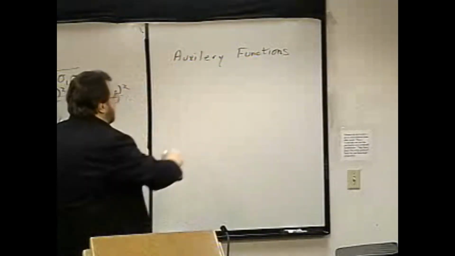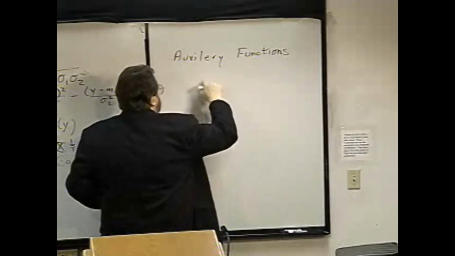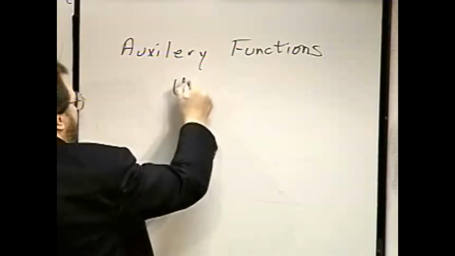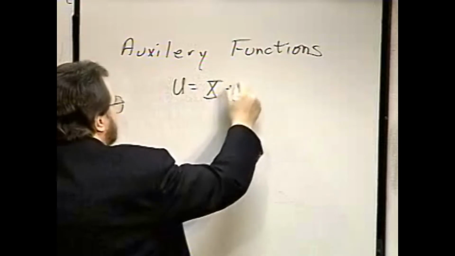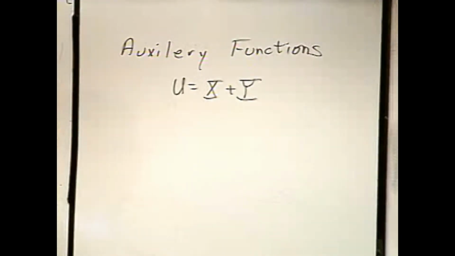We have already looked at the problem of finding u equal to x plus y. We have already looked at a way to do this, correct? And we found out that if they're independent, it becomes a convolution, etc. And we had a specific way of working that problem. I'm going to offer you a second way of doing that problem.